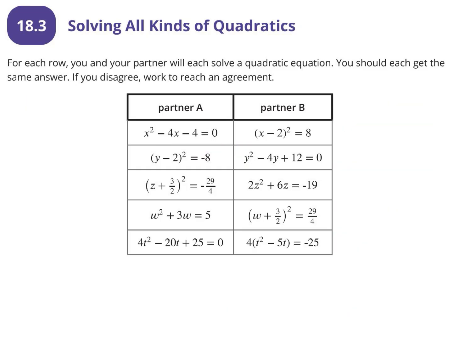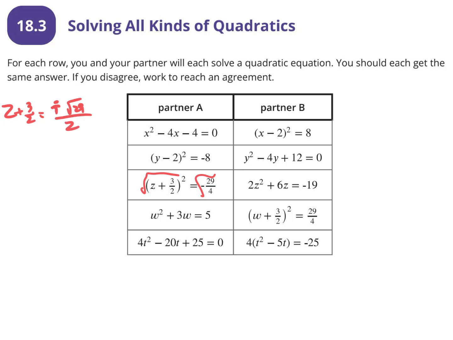Okay, so let's do root 3. So we're going to take the square root. 29 is a prime number, so I'm going to get z plus 3 over 2 is equal to plus or minus, because it's negative 1 times 29 over 4, i root 29 over 2.